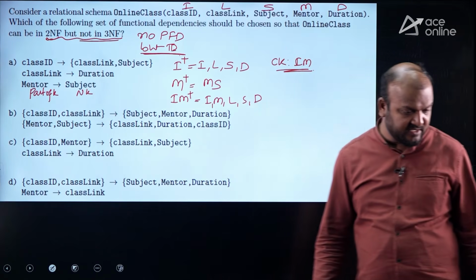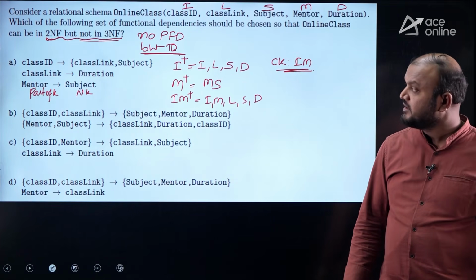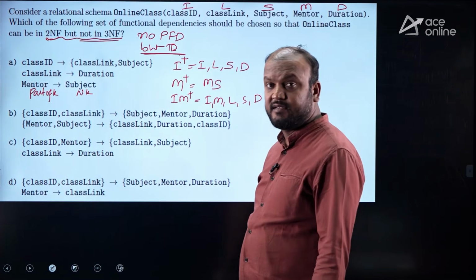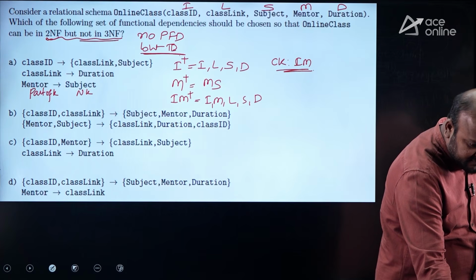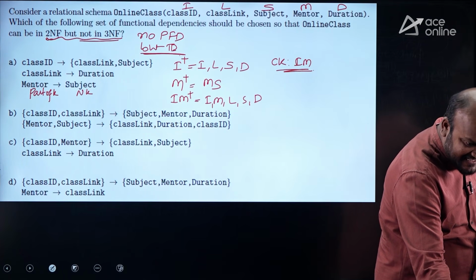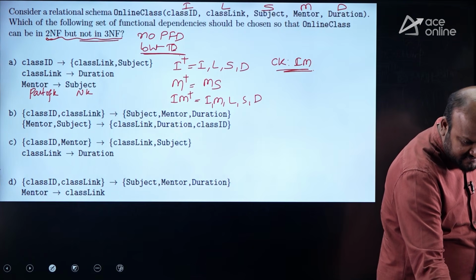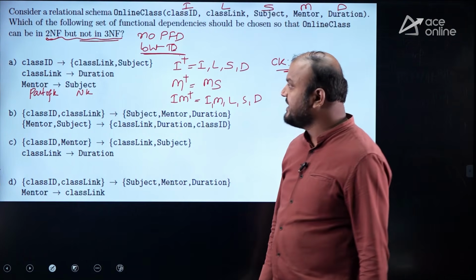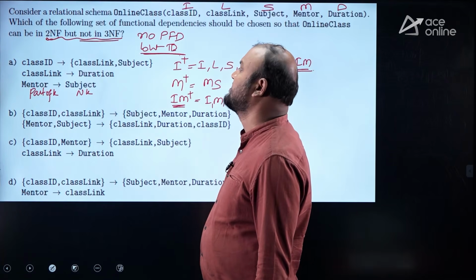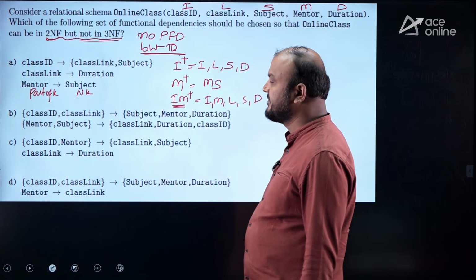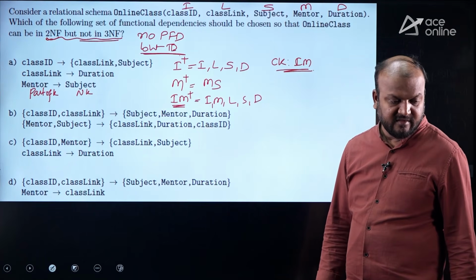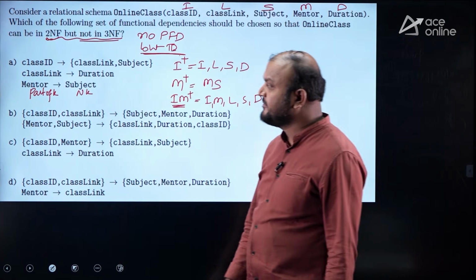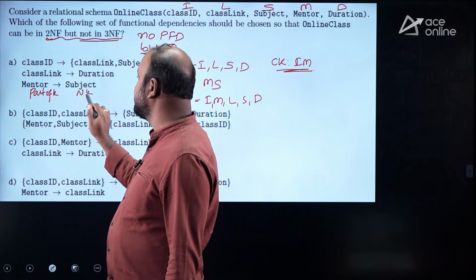Majority of people have selected option A. Anything wrong from my side? Because when the majority is selecting option A, I am just thinking about it. Now, what is the key here? I and M only, right? Means class ID and mentor together is a key. When class ID and mentor together is a key, mentor is part of key, subject is non-key.